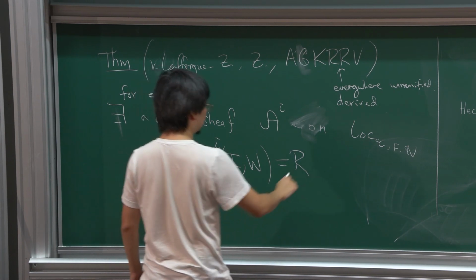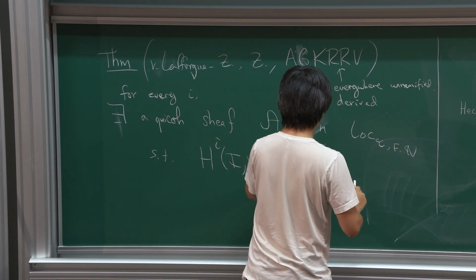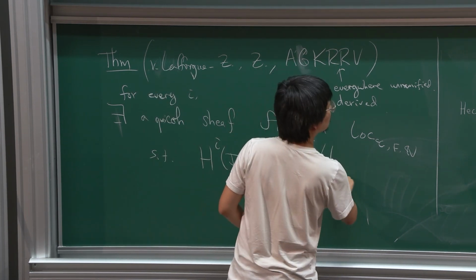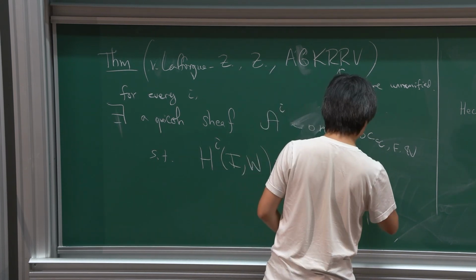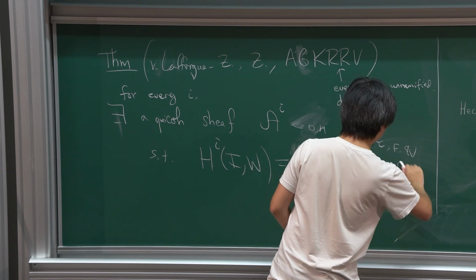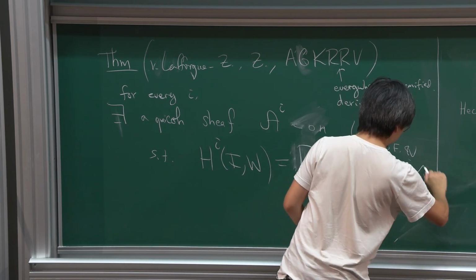Taking the I-th cohomology, it's really taking the global section of this A_I tensor W tilde.